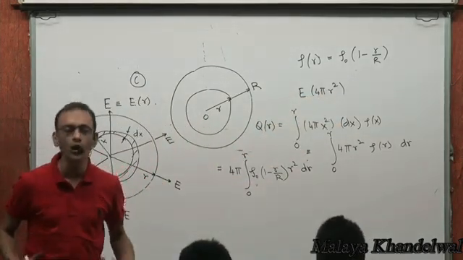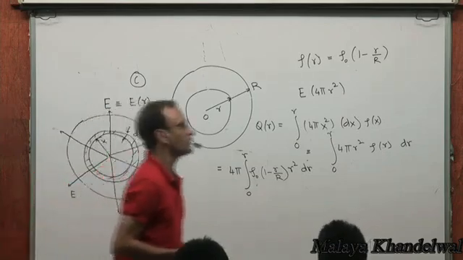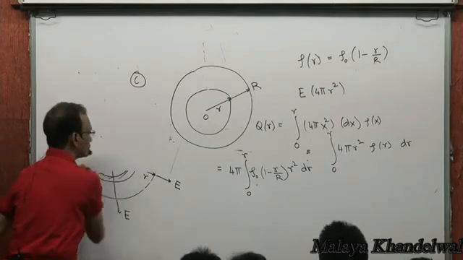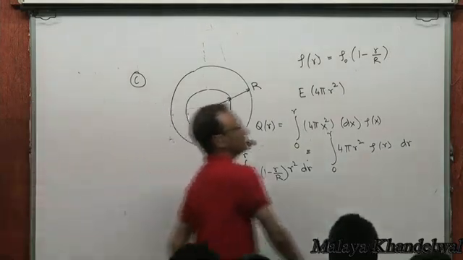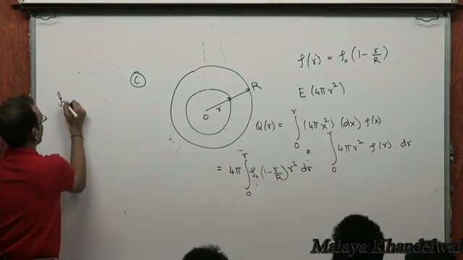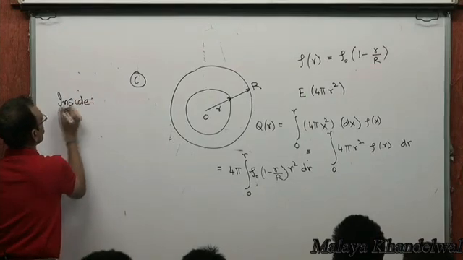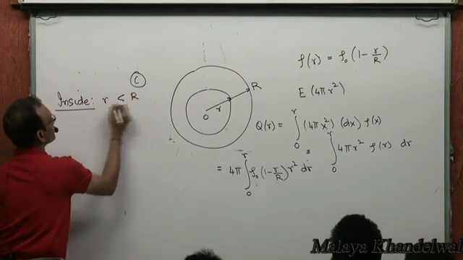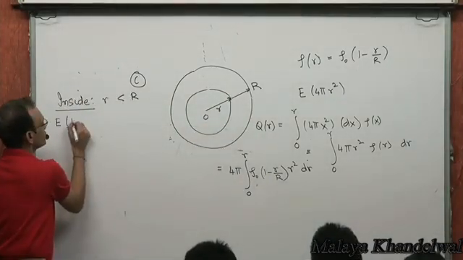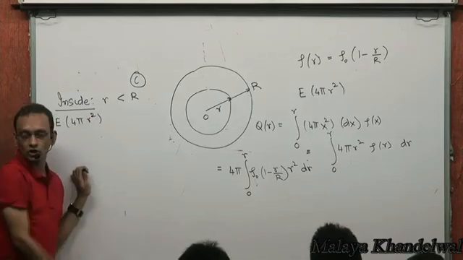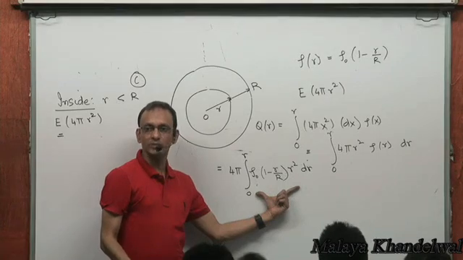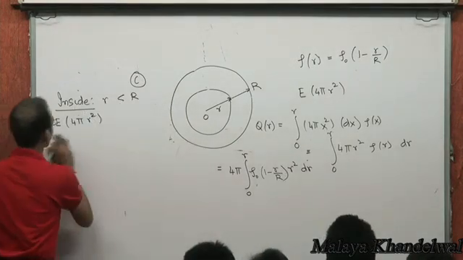Inside the sphere, I know how E is varying with small r. Clear? Now let's do that. Inside the sphere, that is for small r less than capital R, the flux through this chosen Gaussian surface is going to be E into 4 pi r squared. That's the flux through this Gaussian surface. That must be this charge enclosed by epsilon naught, right?